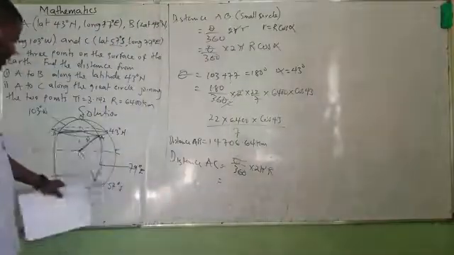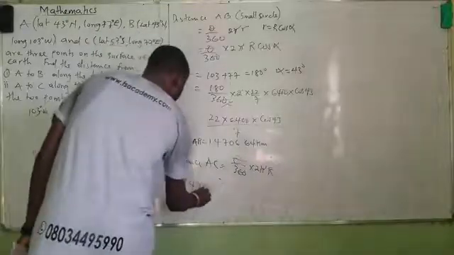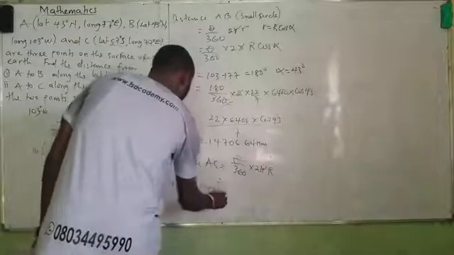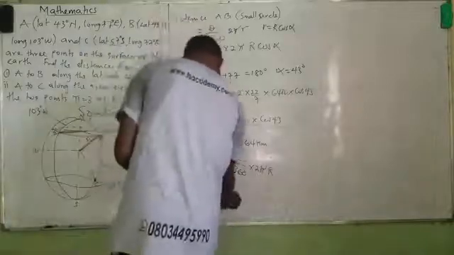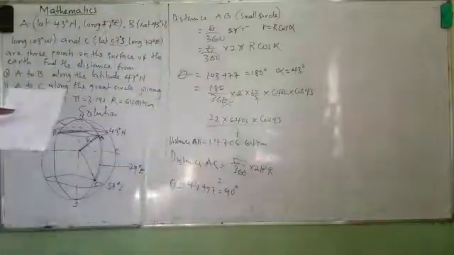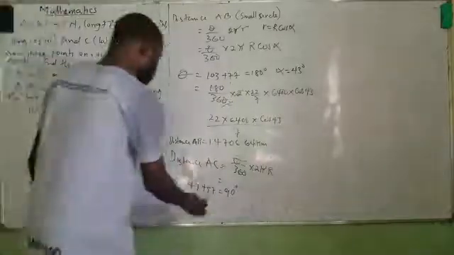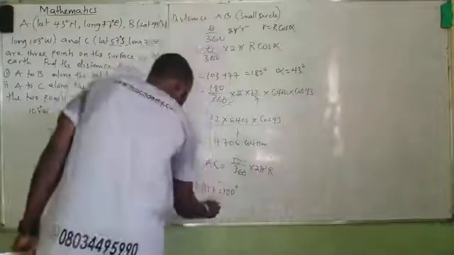My theta will be equals to 43 plus 57, which I'll be having 90 degrees. Oh, sorry, it will be 100. Mistake. 100.